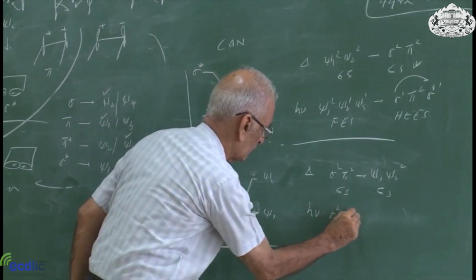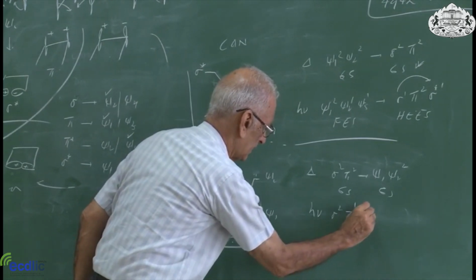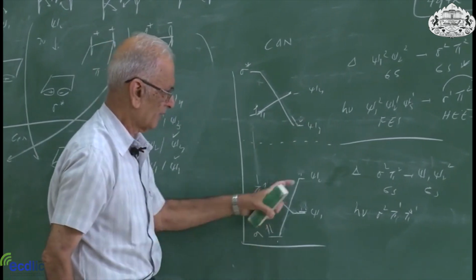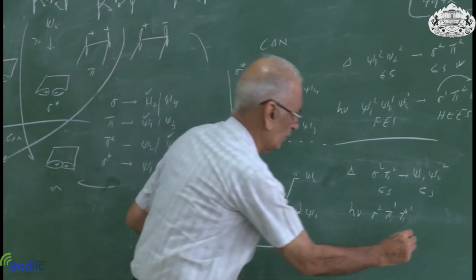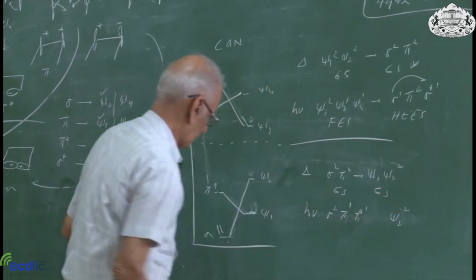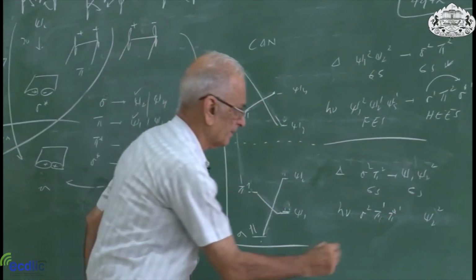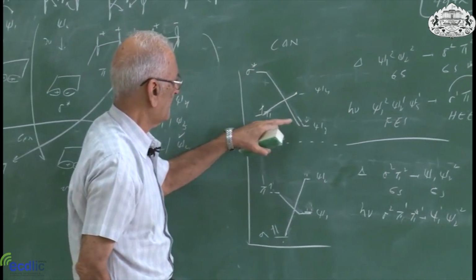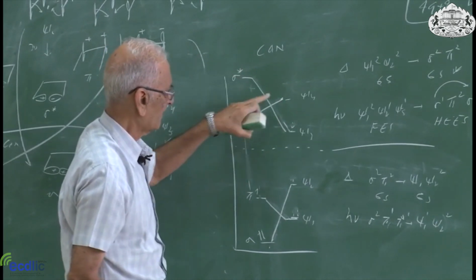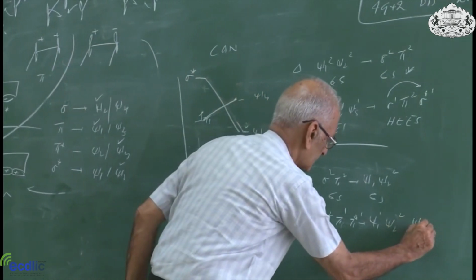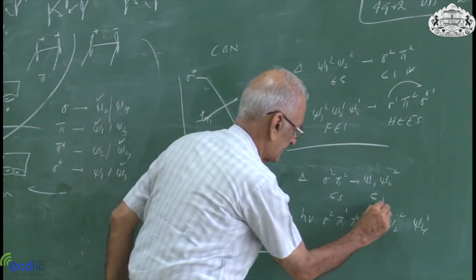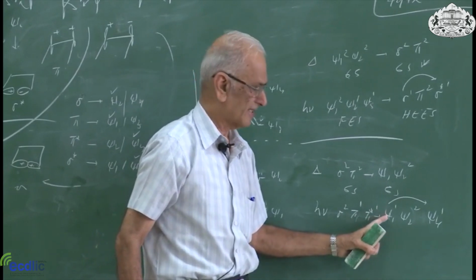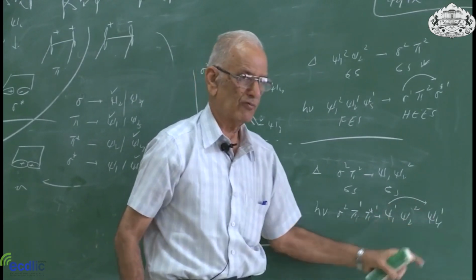So, sigma 2 pi 1 pi star 1. Sigma 2 goes into psi 2 2. Pi 1 goes into psi 1 1 and pi star 1 goes into psi 4 1. It is exciting an electron from the first psi orbital into the fourth psi orbital.